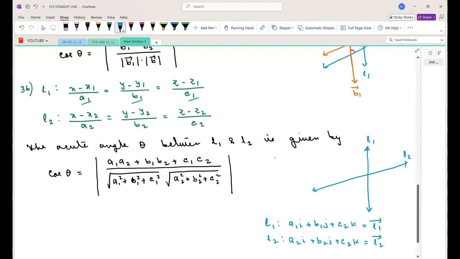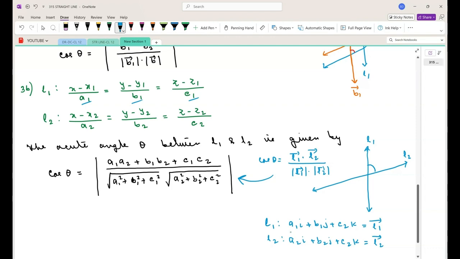So now from the vector chapter, you know, when you are trying to find the angle between two vectors L1, L2, then cos theta is given by L1 dot L2 by mod L1 into mod L2, right? So that is exactly what is happening here.